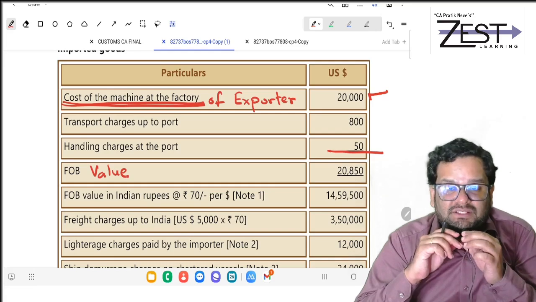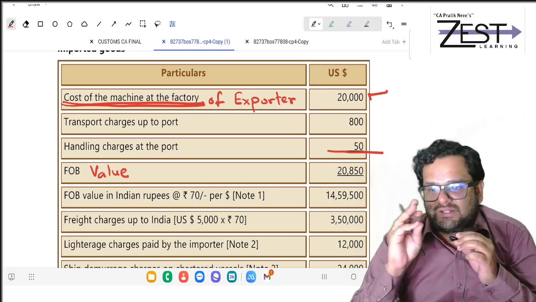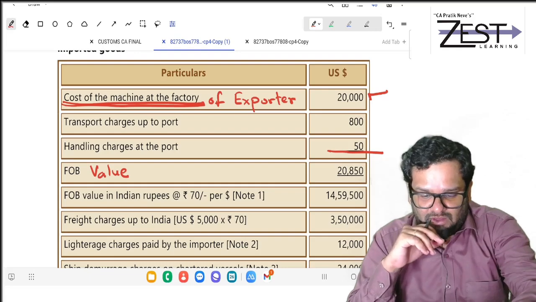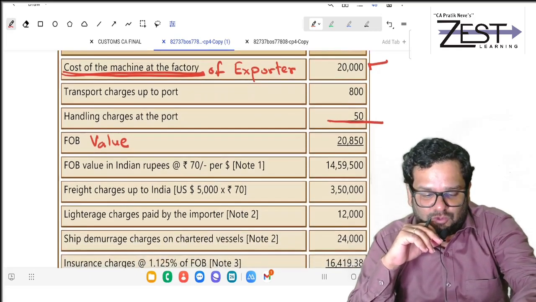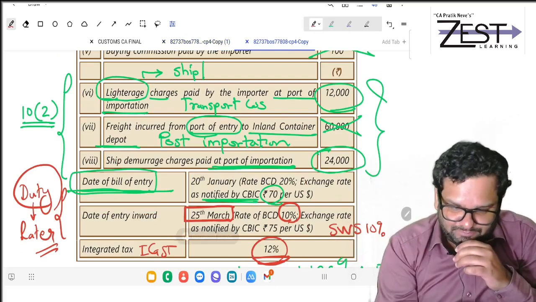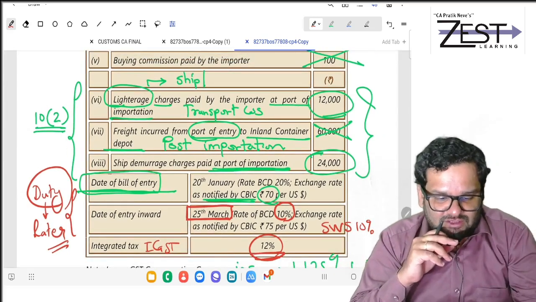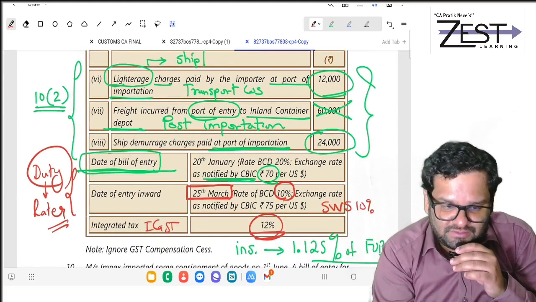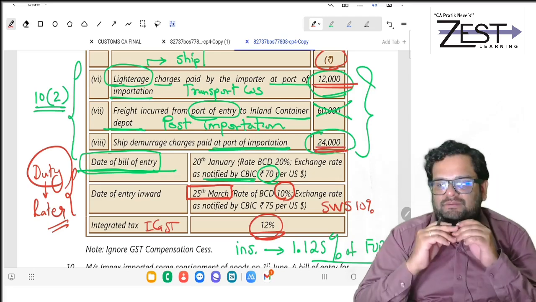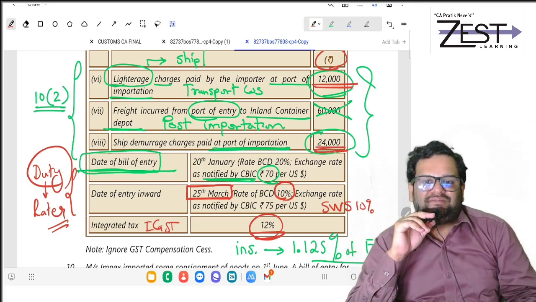Now, please understand you have to do 10-2 adjustment of what? Transport and insurance. But do you both agree that some of my transport is in rupees? Do you agree that my transport is by ship and some of my transport is in rupees? See, this is in rupees. This is in rupees. But my FOB is in dollars.